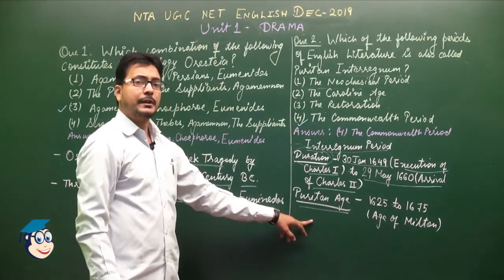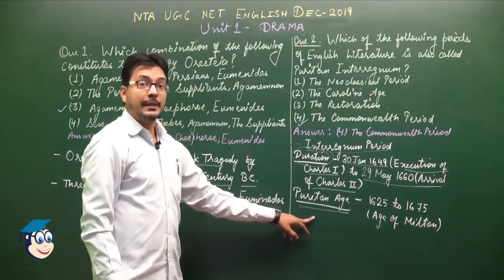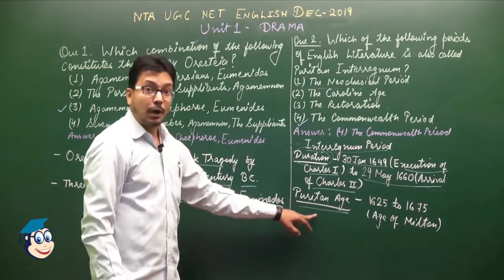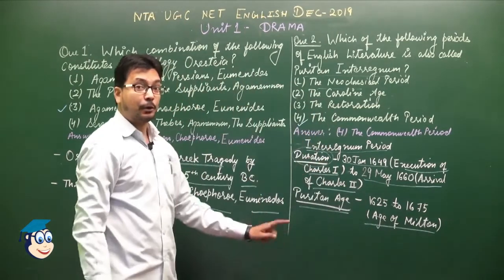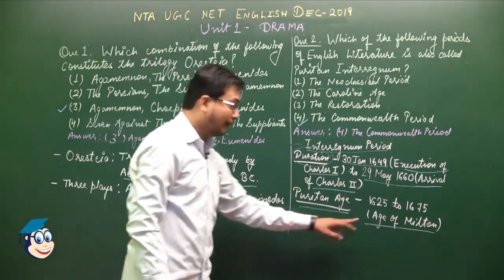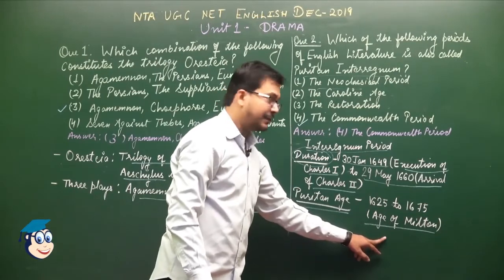Why do we call it the Puritan age? Because Puritan beliefs were very strongly active at that time. It is also known as the Age of Milton because the great writer Milton was also present at that time.